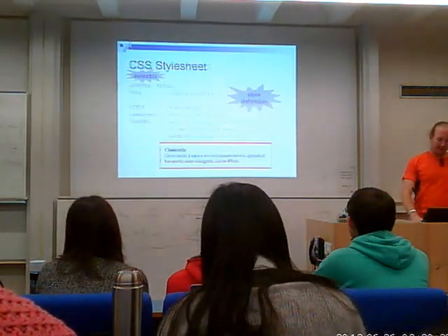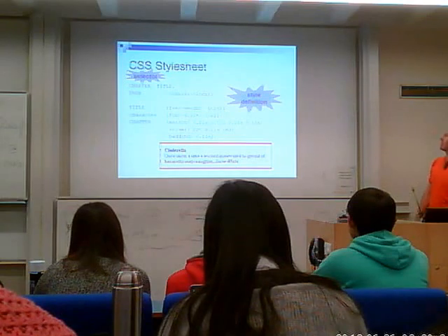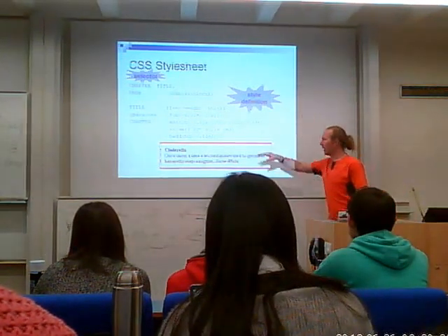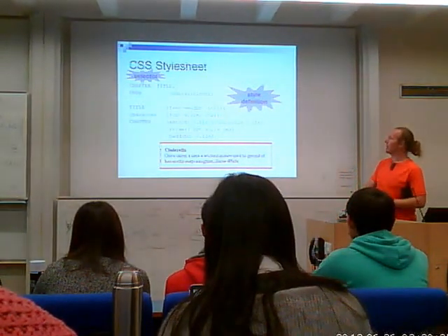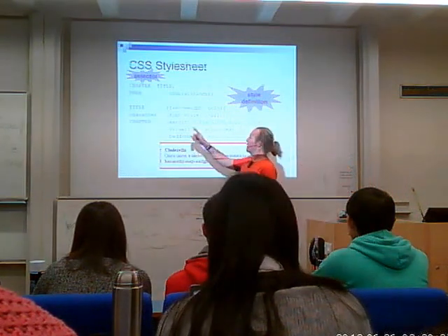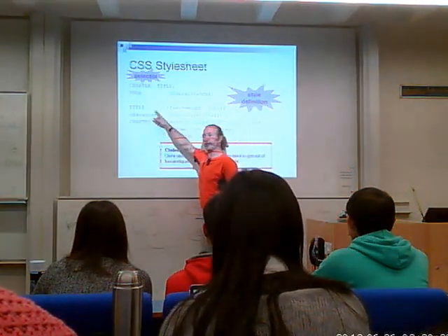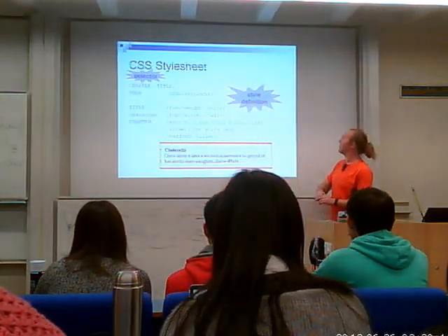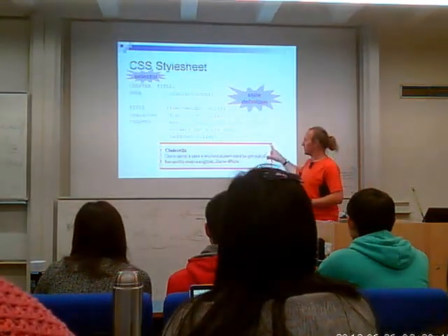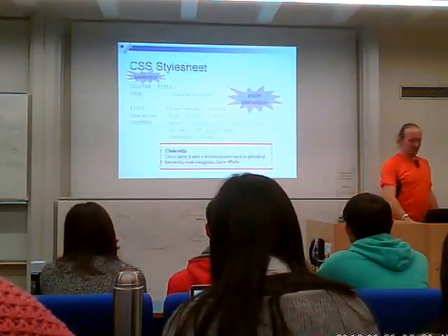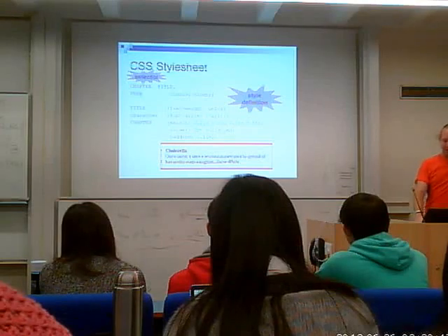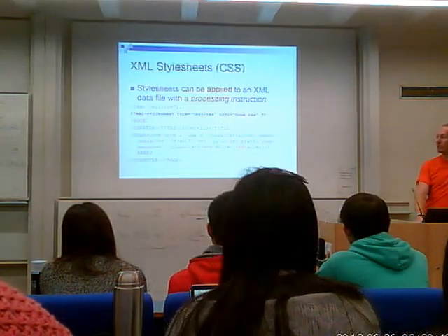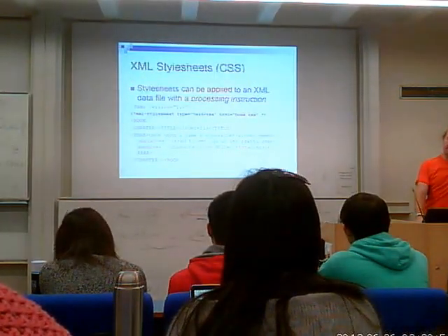But if we do apply CSS, and this is some example of CSS, I'll talk through what the syntax is like in a second. But we have various bits of styling for each of those elements, and then we'll result in something like this, where it is a rendered styled version of that data, as opposed to just the XML version of that.